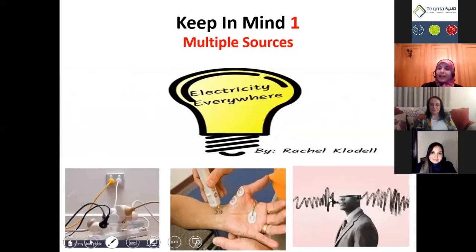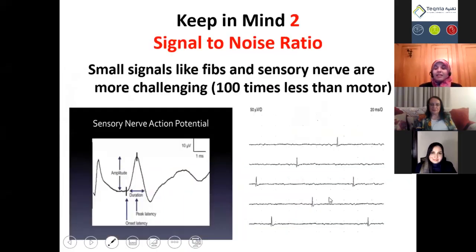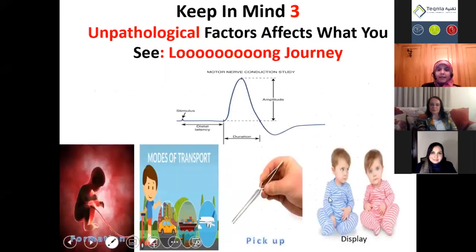He can move, he can have EMG artifacts, so there are multiple inputs coming to you. This will be very handicapping if you are recording small amplitude signals like the fibs and the sensory nerve action potentials. They need meticulous information. They are very small, and you have a signal to noise ratio, small ratio, high ratio.